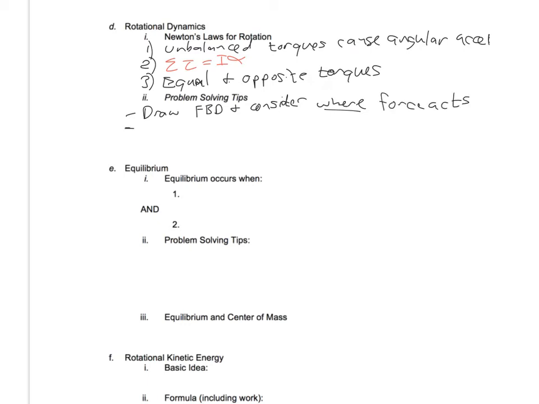All right, next we're going to set up sum of the torques equals I alpha for all rotating objects, and we're going to set up sum of the forces equals ma for all objects that are just undergoing an acceleration.